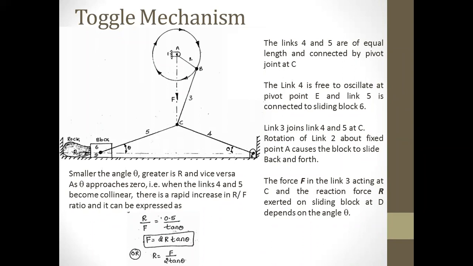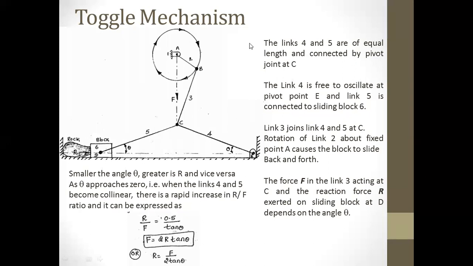We can calculate using this relation: R by F is equal to 0.5 divided by tan theta, or F is equal to 2R tan theta. F, the force applied, is equal to 2 into R into tan theta. This relation can be used when you make this a smaller angle, when theta is equal to 0.